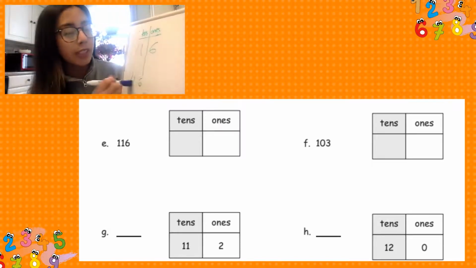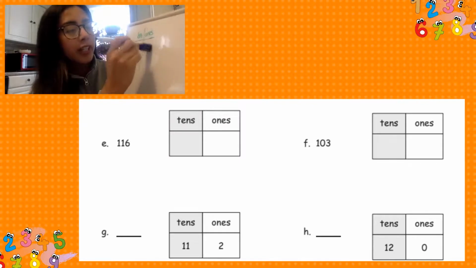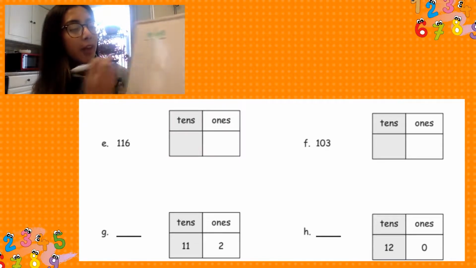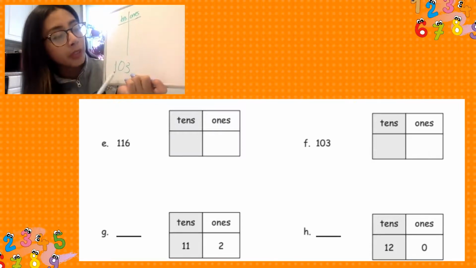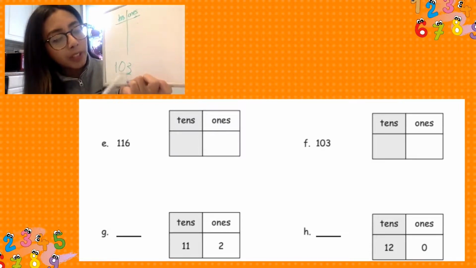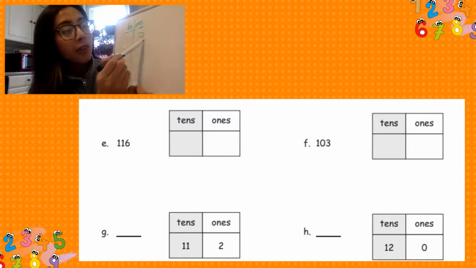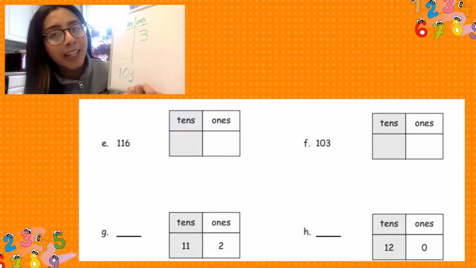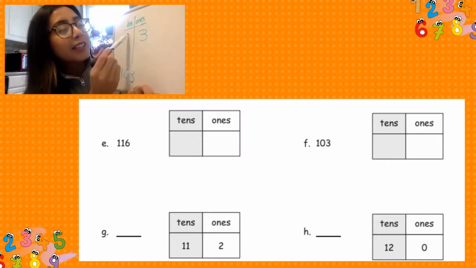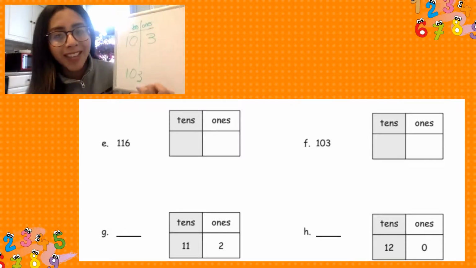And if we do the next one where it says 103, think about how many groups of 10 and how many ones there are in 103. I look at my ones place, I have 3 ones, so I can fill that out. How many groups of 10 are in the number 103? There are 10 groups of 10.